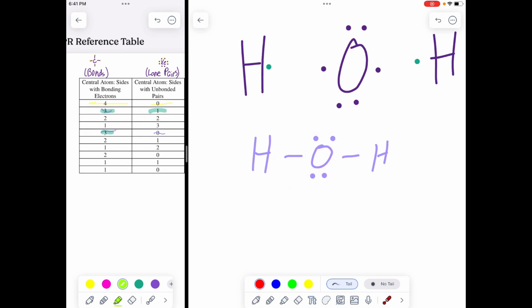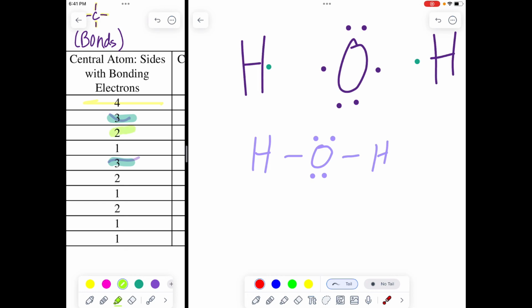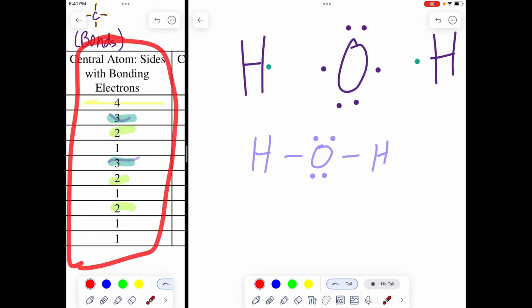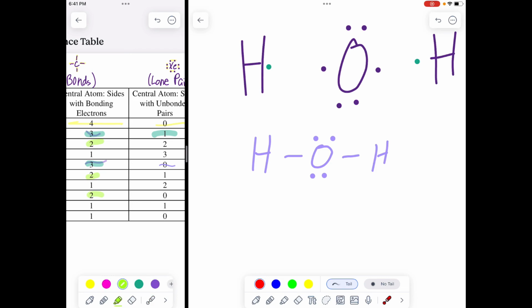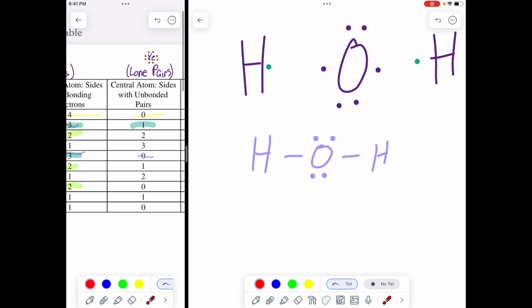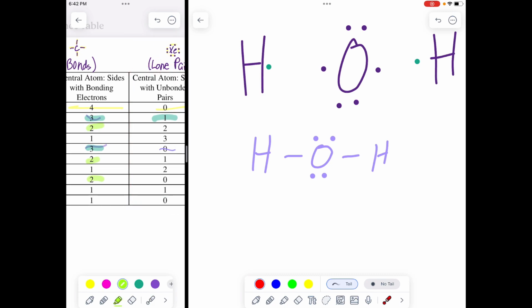As a result, we will look for the 2's in this region, the first column. And then we're going to look for 2 on the second column. So we see here that there's 2 and 2, and that's what we're looking for.